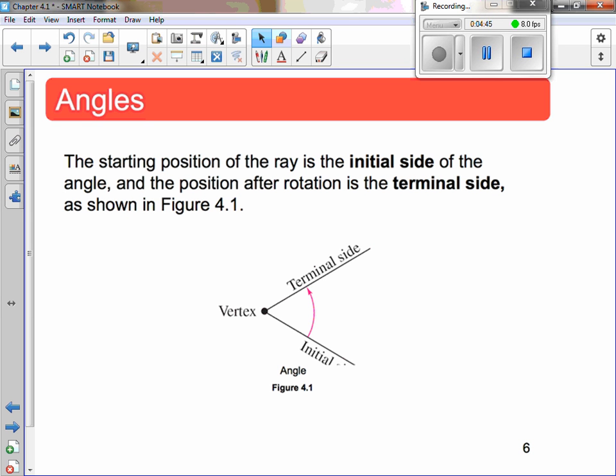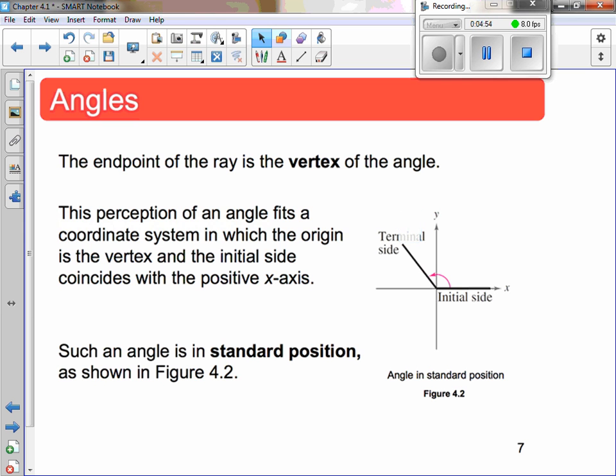Now the starting side is what we'll call the initial side, and where it's going to is the terminal side. For us, our initial side is always going to be the positive x-axis. That's where we're going to start. The terminal side is wherever it's opening to. Okay?